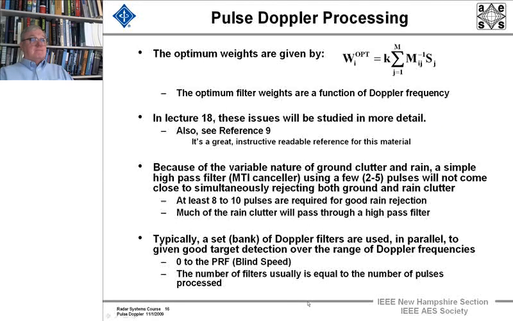Okay? Here are these optimum weights. Now, how do we get them? And I'm going to tell you right now, the easiest way to think about the covariance matrix in simple terms, for me, the simpleton, is to say, look at what the clutter spectrum is. The first thing you do is you take the power spectrum, sample it, and take its Fourier transform.